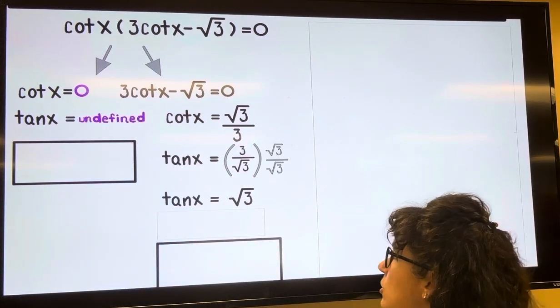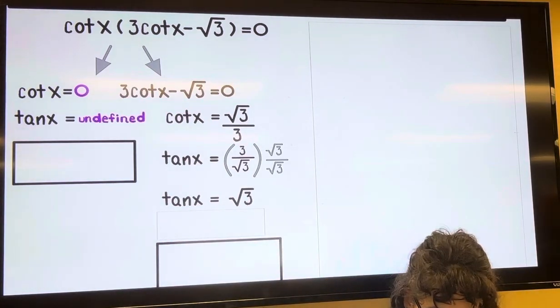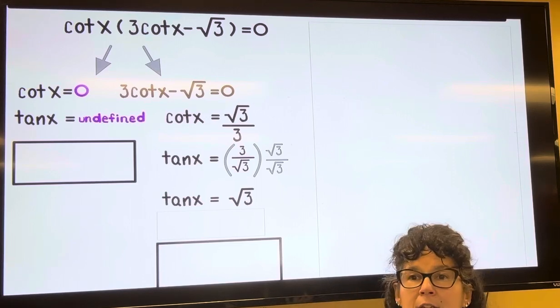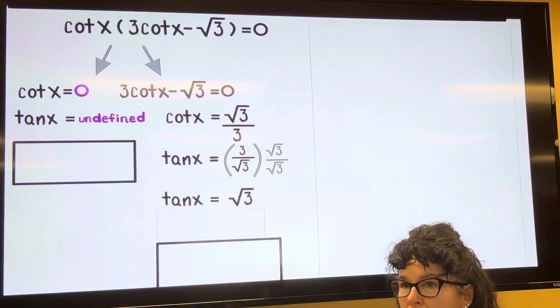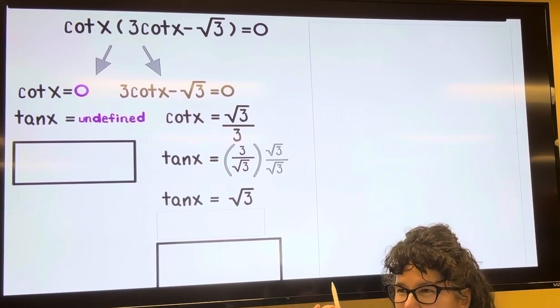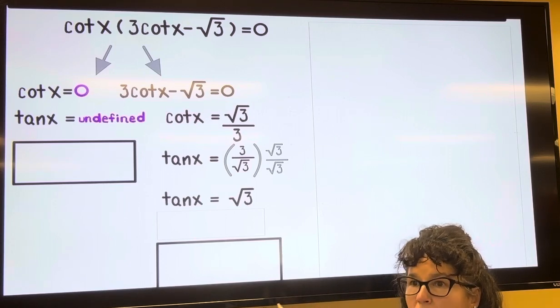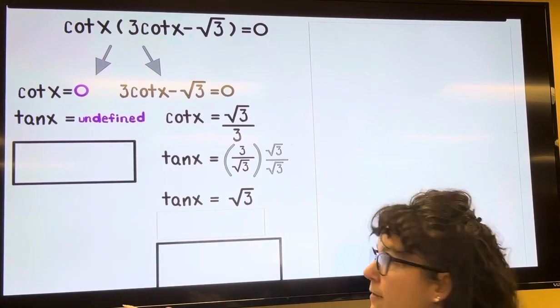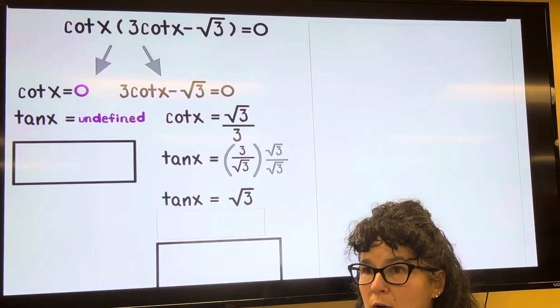When it comes to the tangent, what we're looking for on our unit circle, yes, it's the y coordinate divided by the x coordinate. I might want to take the y divided by the x and see if it's undefined, or see if it equals square root of 3.